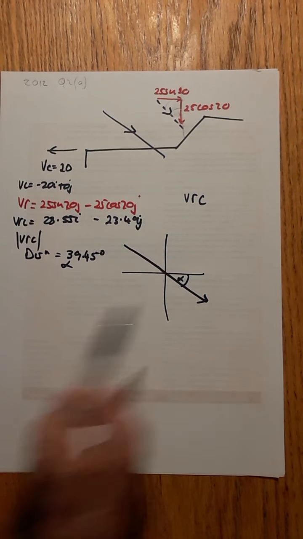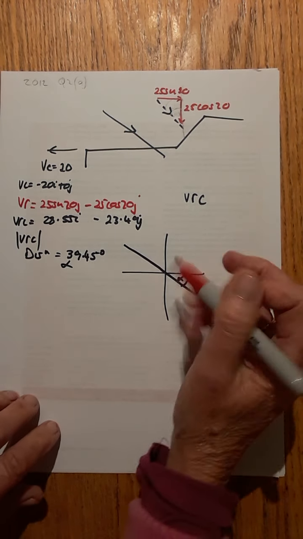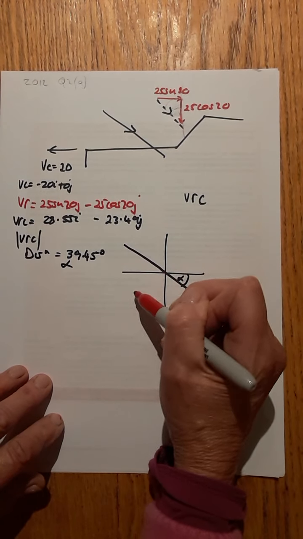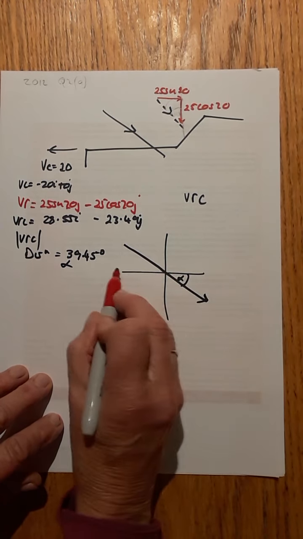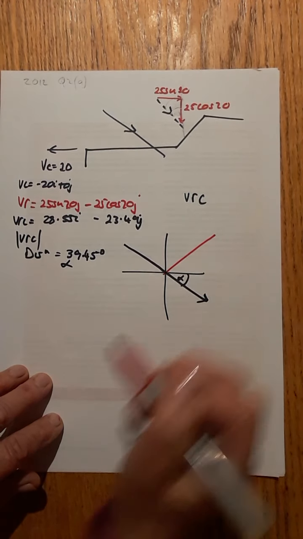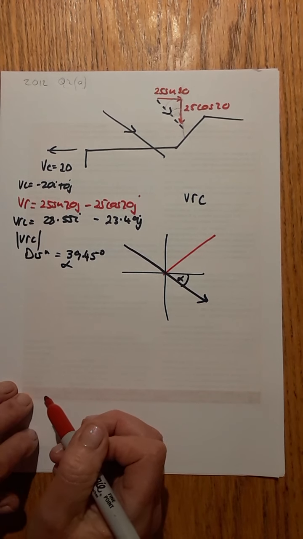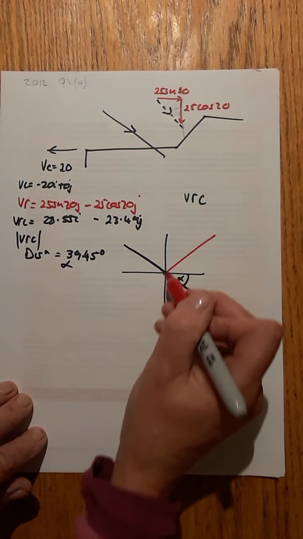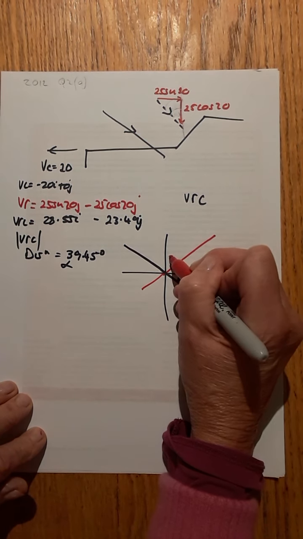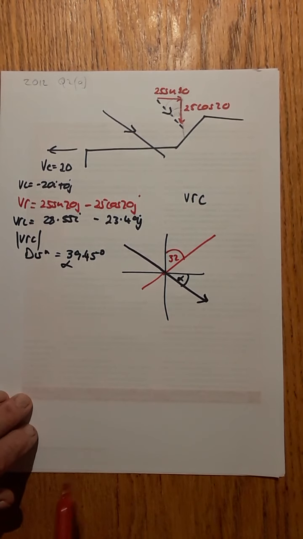Now here's the windscreen of the car, in that kind of direction. So that would be your black car. That's the windscreen. I'm told in the question that the windscreen of the car makes an angle of 32 degrees with the vertical. So this is 32.